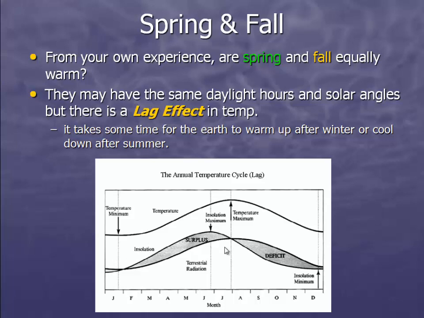After June 21st, we are still making a net deposit into the checking account. It's just that the amount we're depositing is not as high as it was on June 21st. Okay? Because we are still making a net deposit, the average temperature will continue to increase.